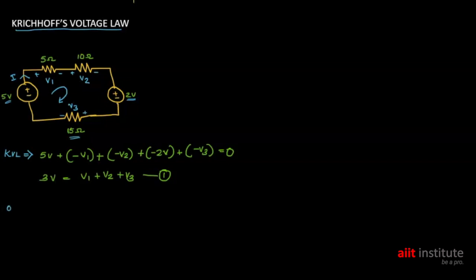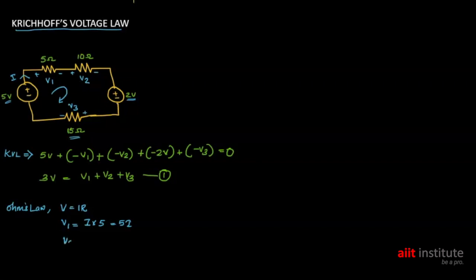We know that according to Ohm's law, V equal to I into R. So we can say the voltage drop across 5 ohm resistance, that is V1, is equal to current I into resistance 5, that is 5I.